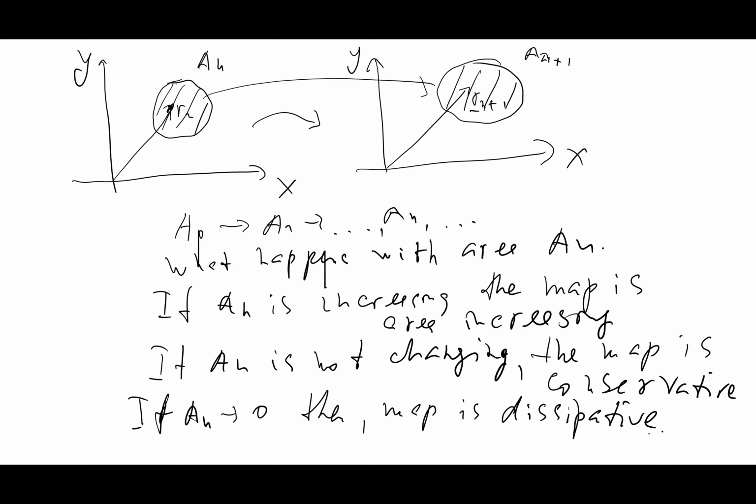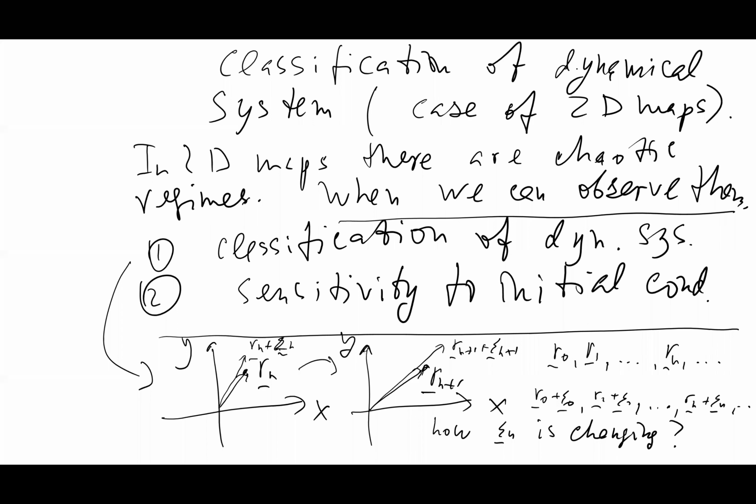Now we will try to find out how to analyze how this area is changing. The result you are supposed to remember is that An plus 1 equals the absolute value of the determinant of the Jacobian at Rn times An.